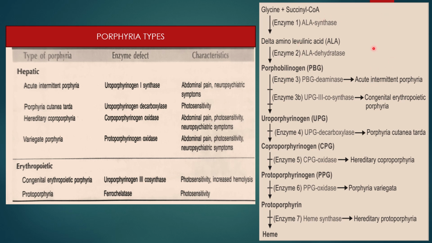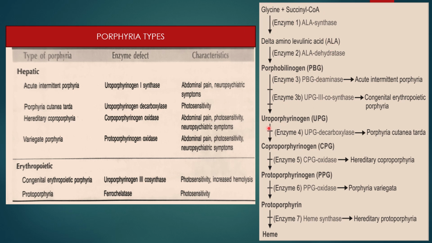The porphyrin ring is an extensive alternate single and double bond system which is very sensitive to light. So because there is no porphyrin ring in the precursors above uroporphyrinogen, there is no photosensitivity in the concerned disorder.